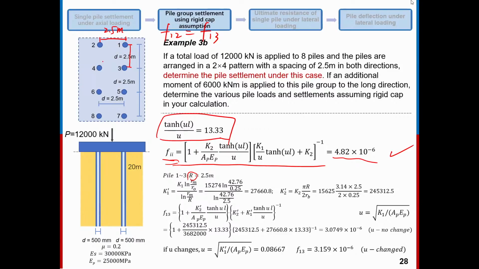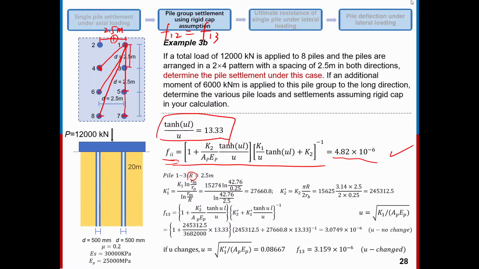And for the pile 4, we have another distance here, right? And for pile 6 and pile 1, we have another distance. Pile 5, similarly, we have another distance. Pile 8, we have another one. Pile 7, we have the final one. So you can see how many distances we have to calculate the settlement of pile 1.